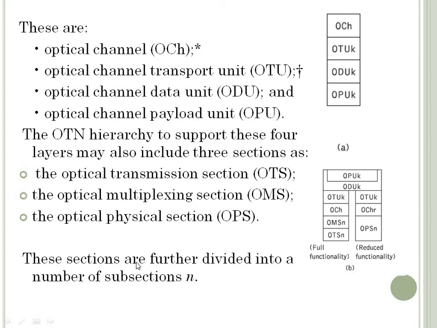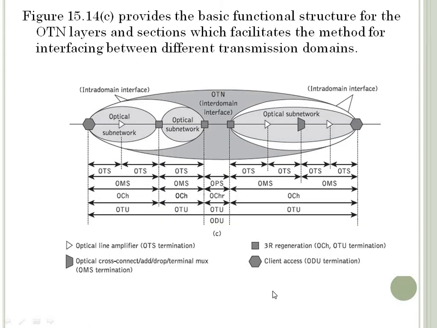So these sections are further divided into a number of subsections N. So this figure provides the basic functional structure for the OTN layers and sections which facilitates the method for interfacing between different transmission domains.